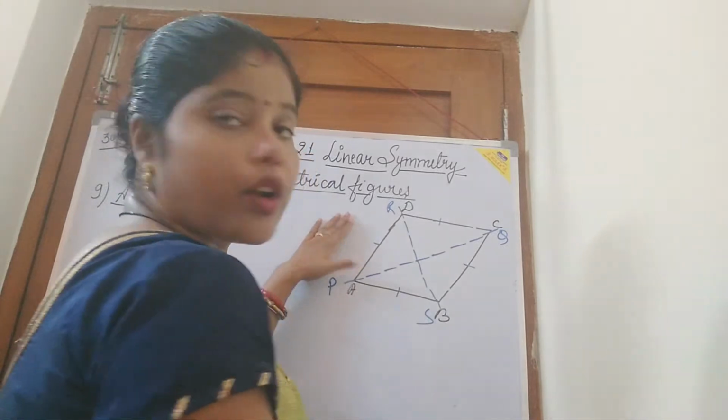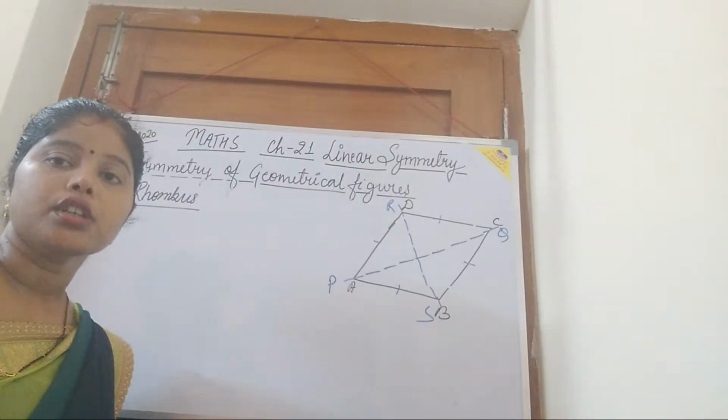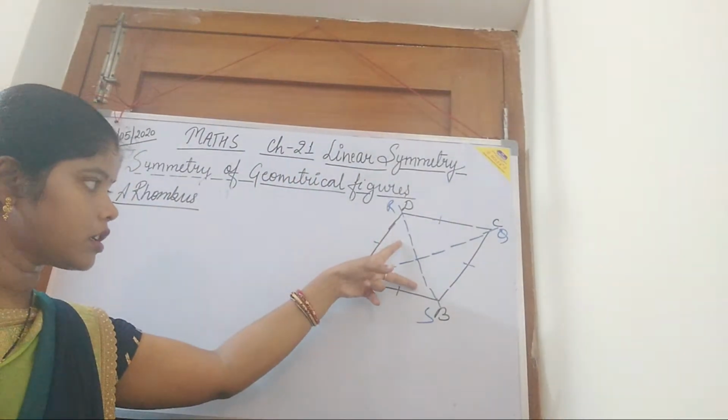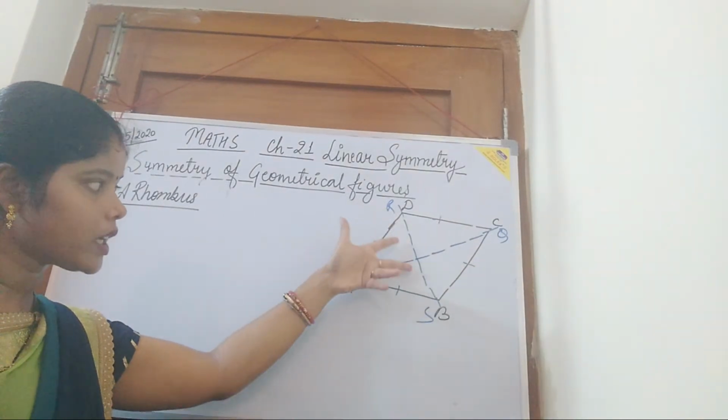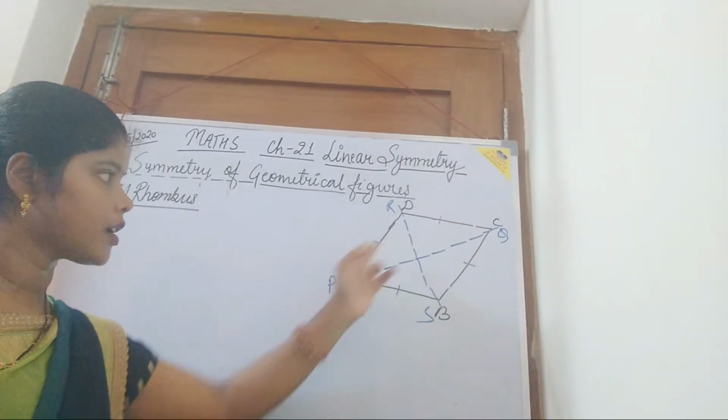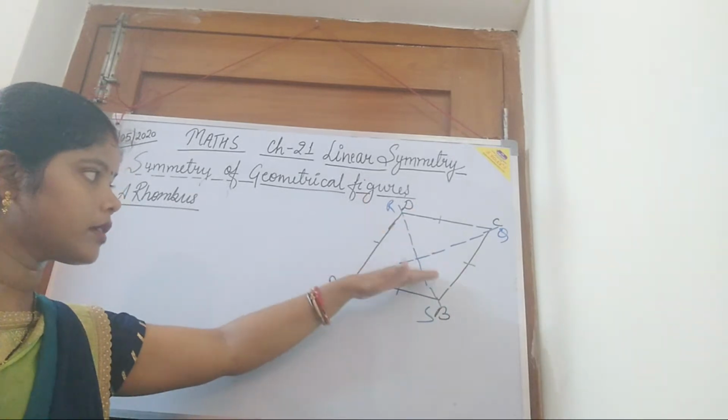These diagonals of a rhombus divide the figure into four identical parts. The first one is along PR, giving two identical parts, and along QS we have the other two identical parts.